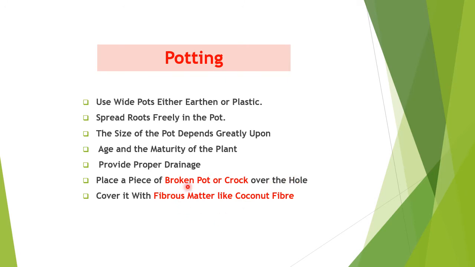You put a broken pot or a small piece of crock over the hole so that there is proper drainage, and cover it with a fibrous matter like coconut fiber. Whenever you put the broken pot over the hole, you should put a fibrous material at the bottom of it.